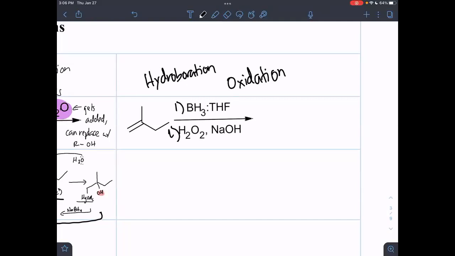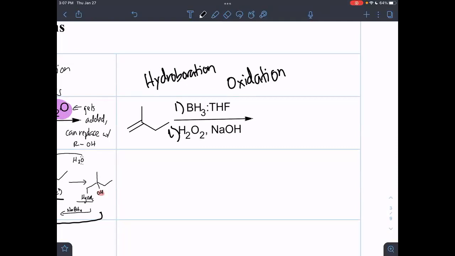What does the hydroboration and what does the oxidation? So the BH3-THF is going to do the hydroboration. The square. Yes, it makes a square.